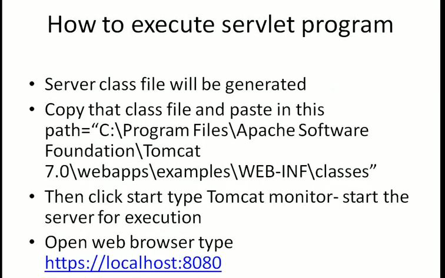The next, the class path is generated. Copy that class path and paste it in this location. I have given the location. Inside the Tomcat server, you want to place that class file. Then only you can execute this servlet program. Then open the Tomcat monitor, then start the server for execution.